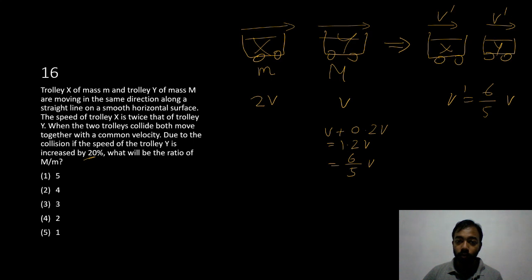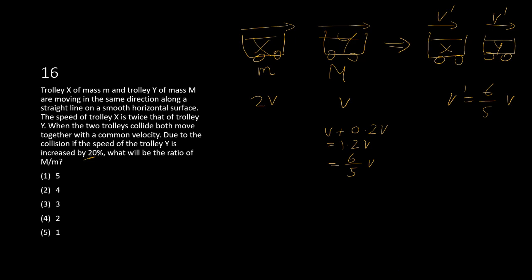So how can we find this? During a collision, there are no external forces acting upon this system, as the surface is smooth, so there are no frictional forces as well. So you can apply the law of conservation of linear momentum. The initial momentum of the system in the given direction is equal to the final momentum of the system in that same direction.